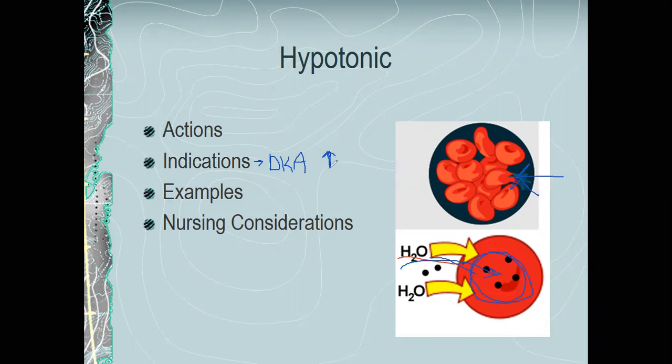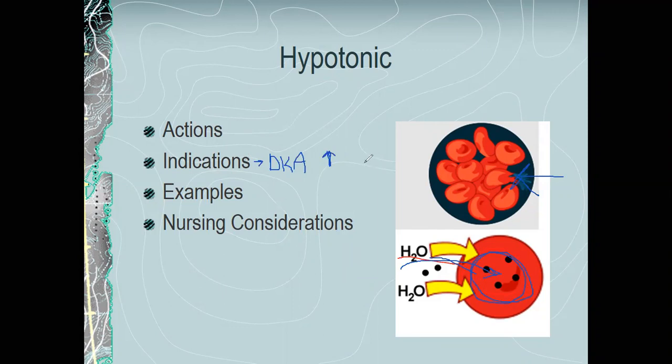So we're going to do the opposite and give a hypotonic solution to rehydrate those red blood cells. It also helps provide free water to allow excretion of body waste. And if you're doing it with dextrose, it could provide some calories as well.